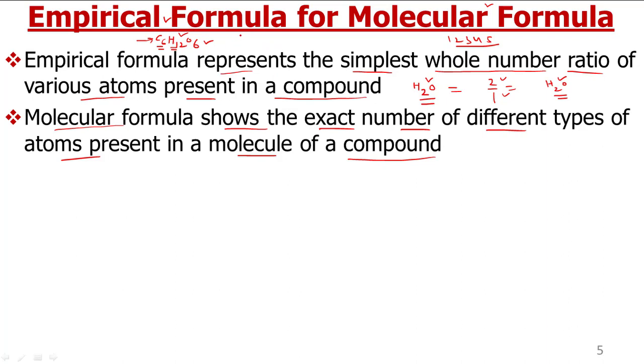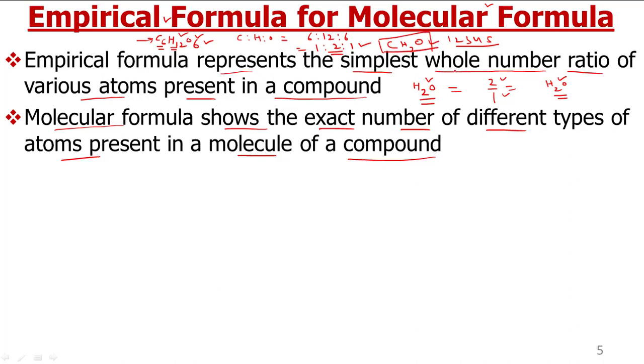Carbon to hydrogen to oxygen is 6:12:6, so it is 1:2:1. This is the simplest whole number ratio of the number of atoms of glucose. So we will say that its empirical formula has one carbon atom, C, two hydrogen, H2, and one oxygen. This is the empirical formula for glucose.